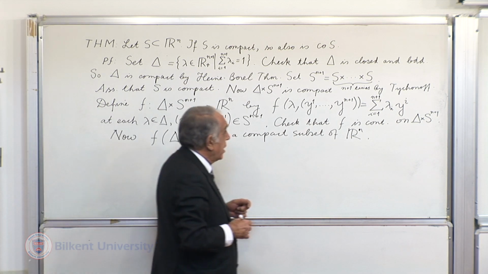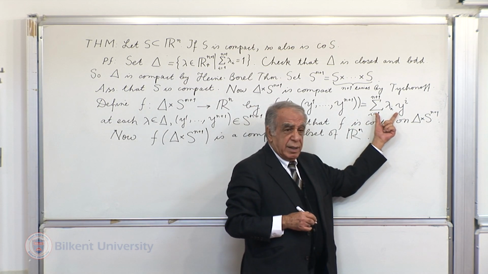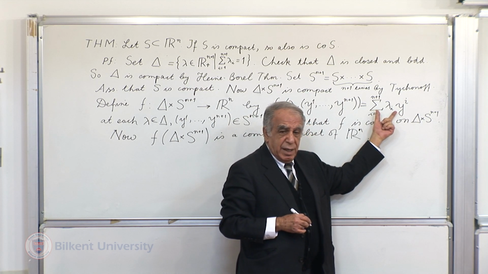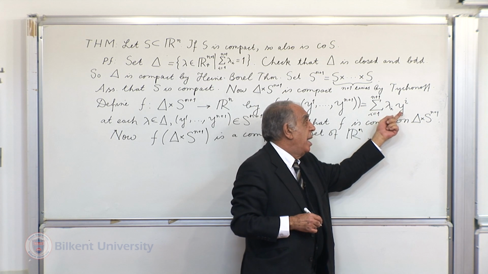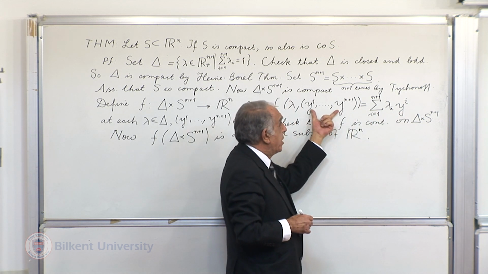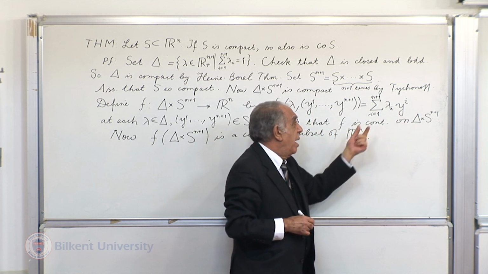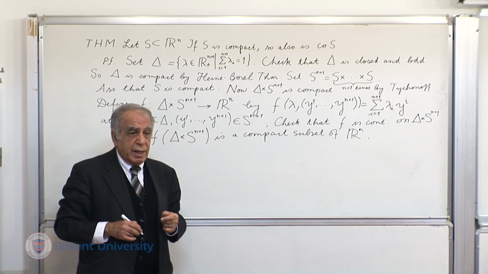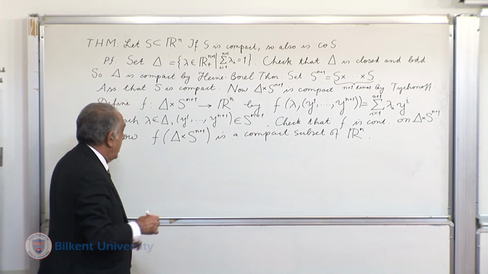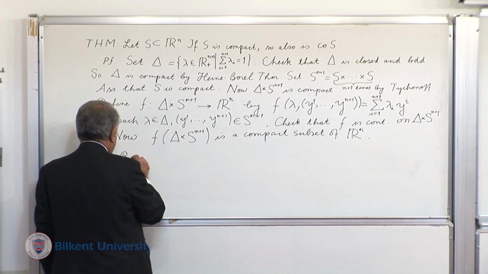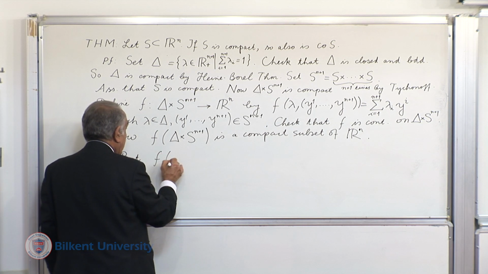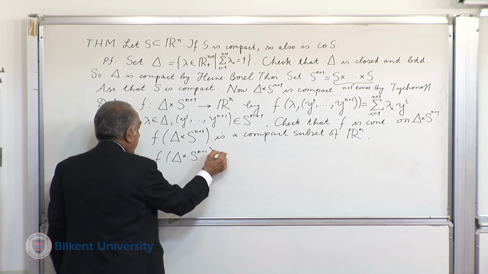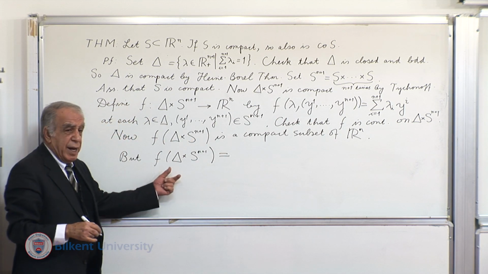So it is the set of all such convex combinations when we each time take n plus 1 members from cap S, and these are just non-negative coefficients which all add up to 1. But what does that tell about the range of this f?